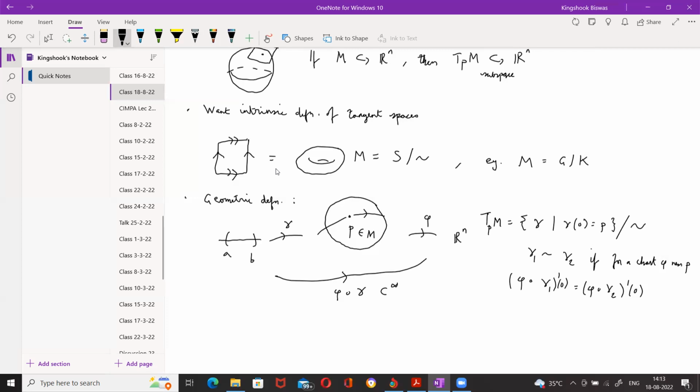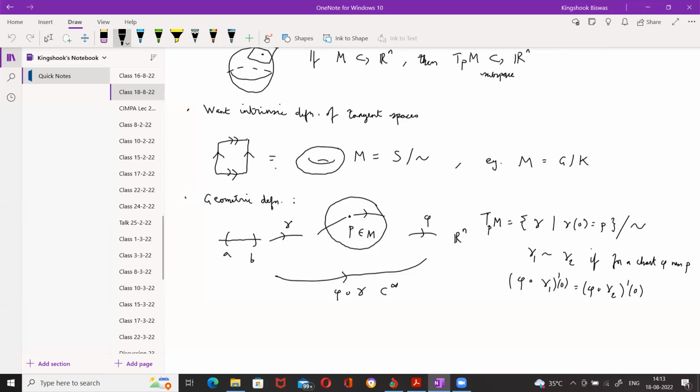Any questions? So, what's the problem with this? We want the tangent space to be a vector space, right? In this case, it's not clear how to define the addition on the tangent space. It's not immediately obvious. And you would like the tangent space to be a vector space of dimension equal to the dimension of the manifold.